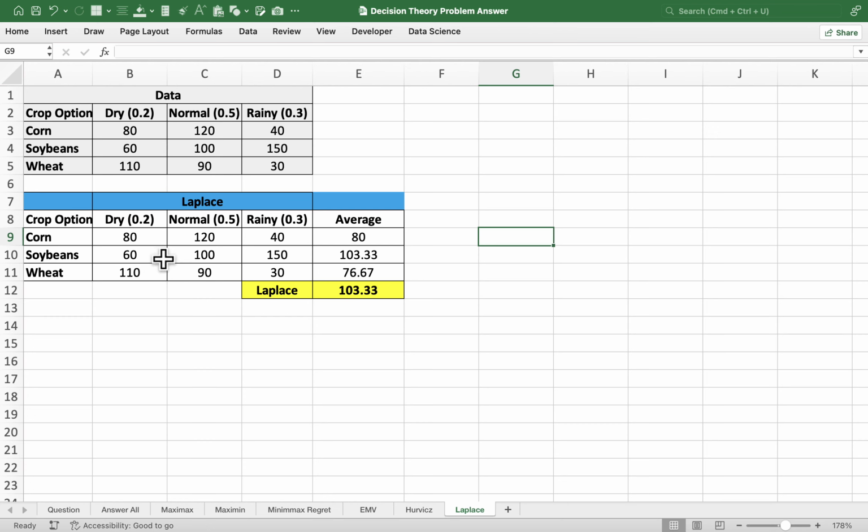The average of 60 plus 100 plus 150 is 103.33, and this is the average of these three values. And in the last step, we choose the one with the highest value, and the highest in these three is 103.33. It means when using the Laplace method, our choice will be soybeans.